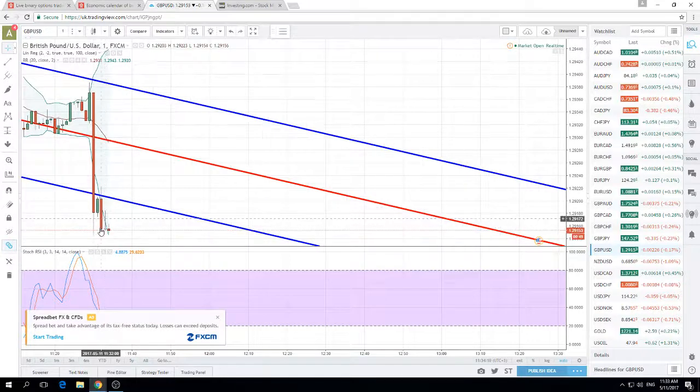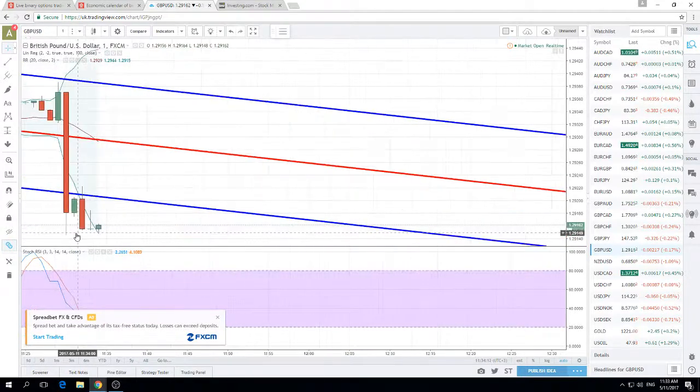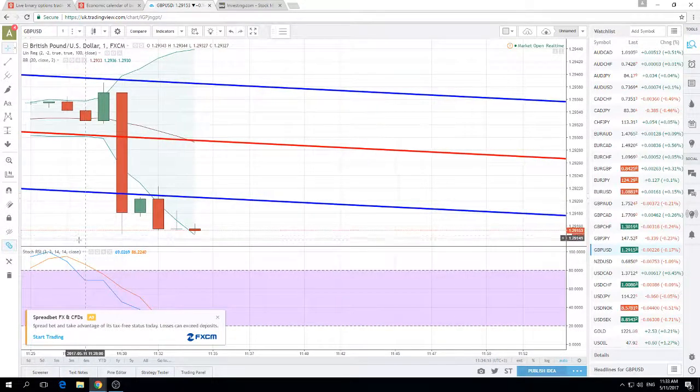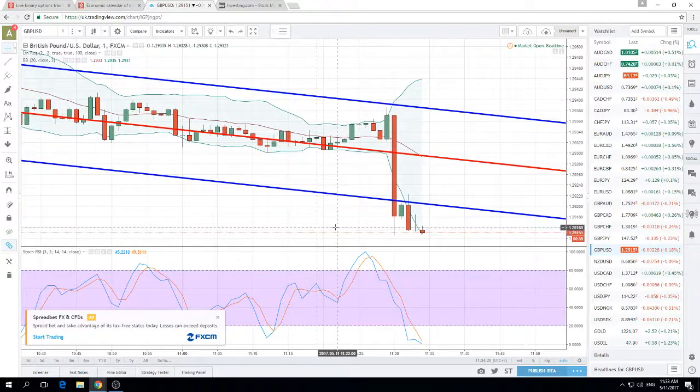Here we see the doji that appeared. It tells about the uncertainty of the market.